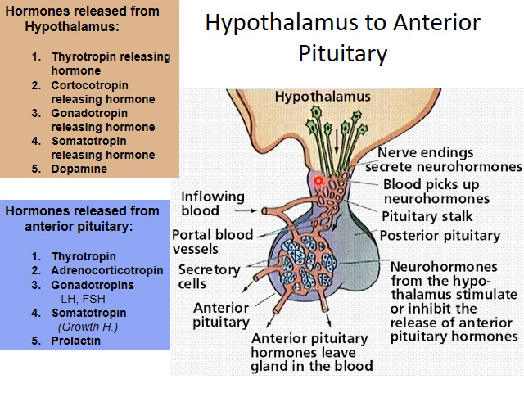That blood goes through a portal system here, portal blood vessels, and goes to another secondary capillary bed in the anterior pituitary. So nerves here are going to release all these releasing factors.